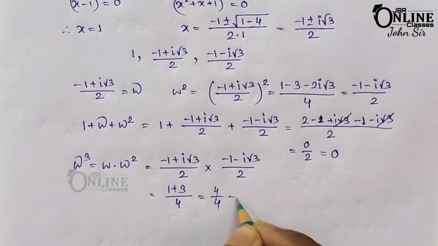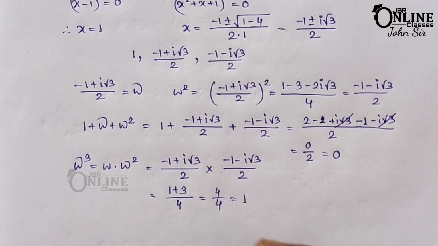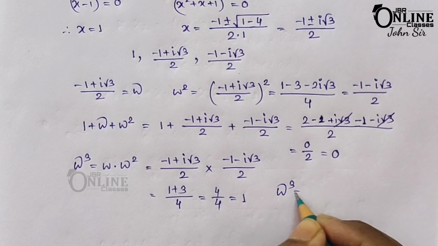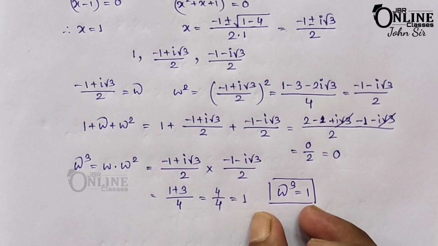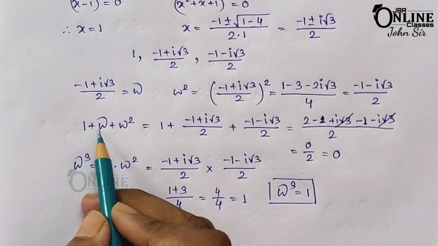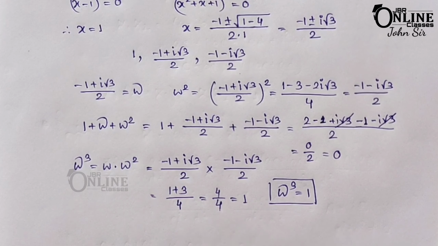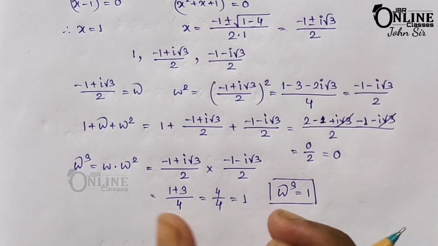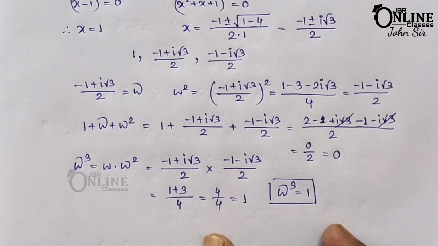That means 4 by 4, that equals 1. So here you can write omega cube equals 1, and the other one is omega square plus omega plus 1 equals 0, when omega is a root of the equation x square plus x plus 1 equals 0.